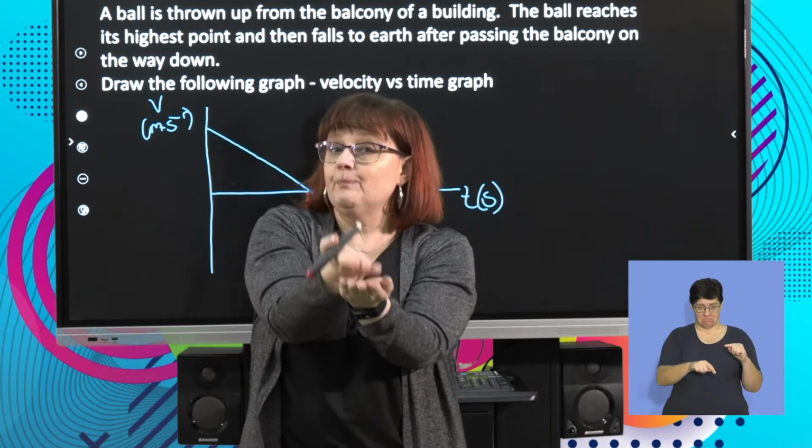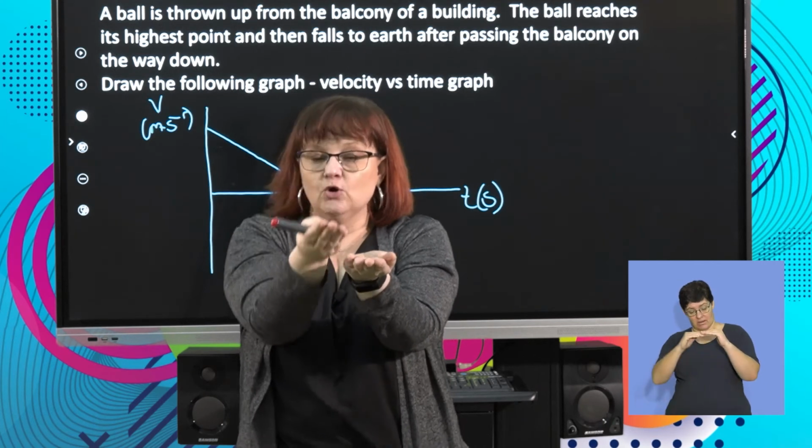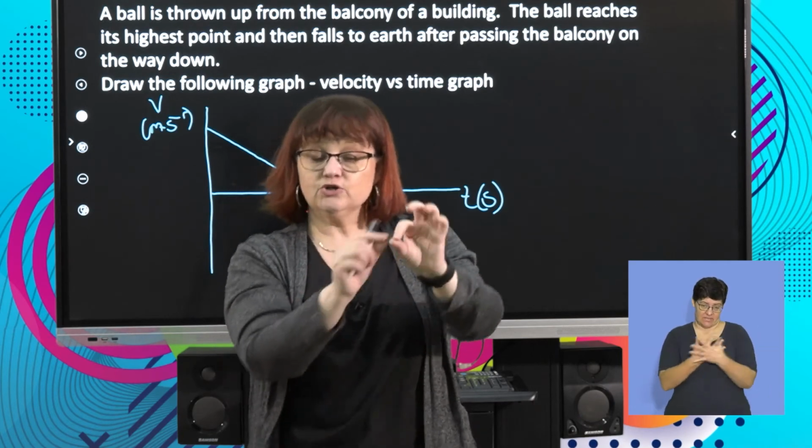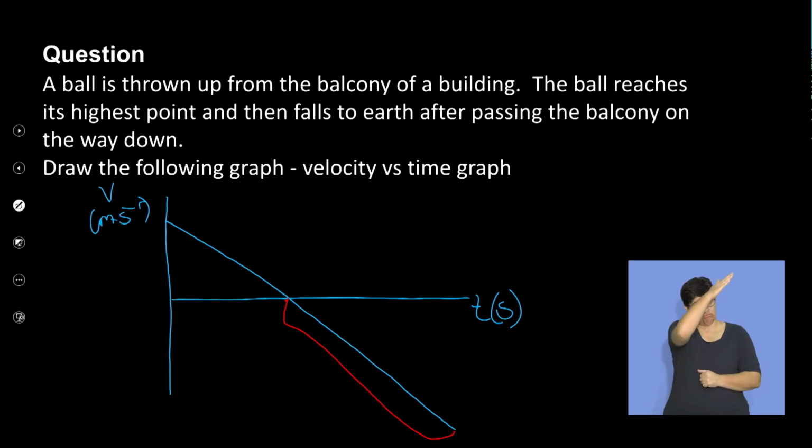But now it goes past that starting point. Because it's going past that, it's going to go faster and faster and faster. So it's still a straight line because my acceleration is constant. That gradient is my acceleration, and that's the same for the whole way through. The issue is how long it goes for, okay?